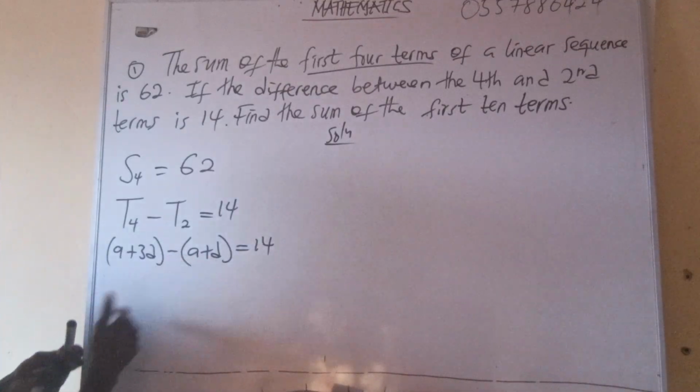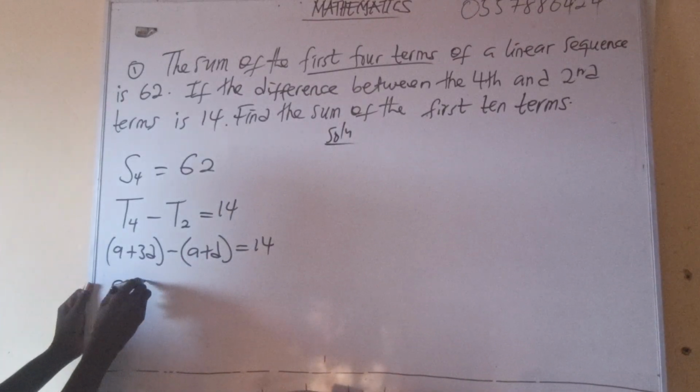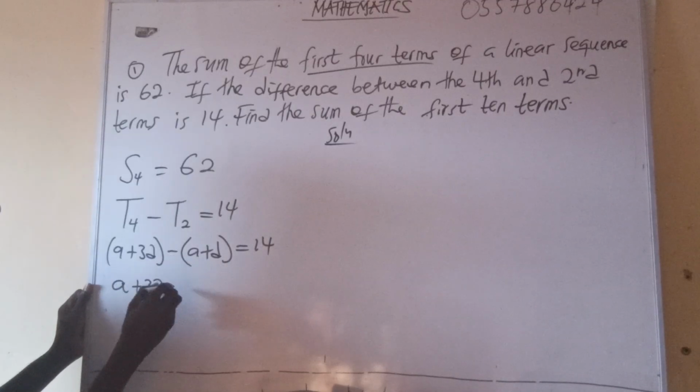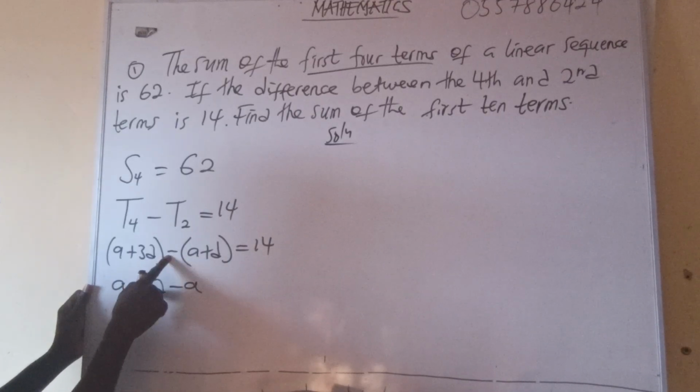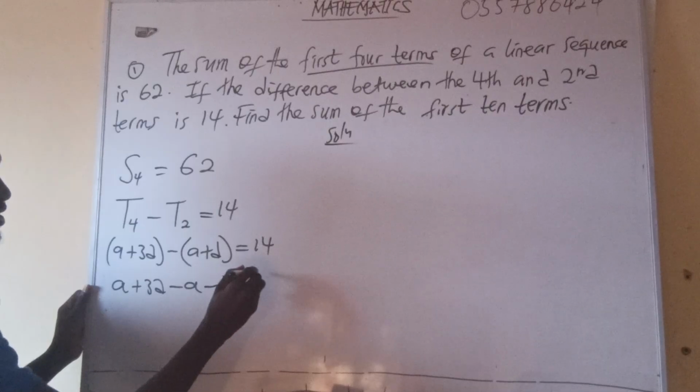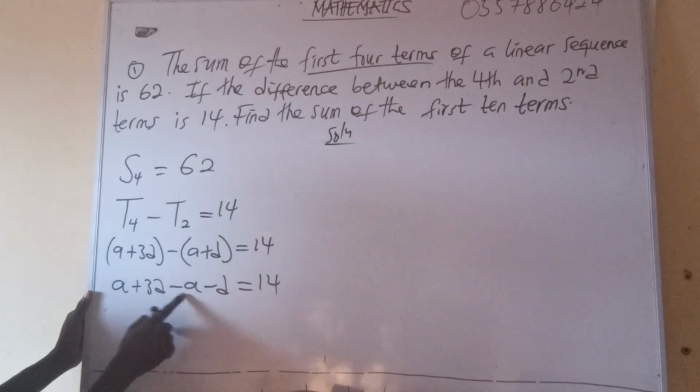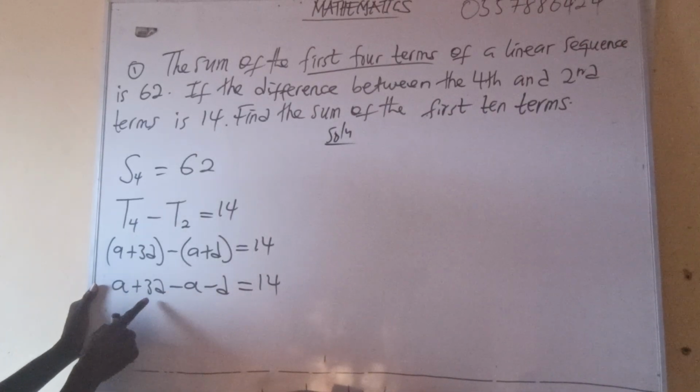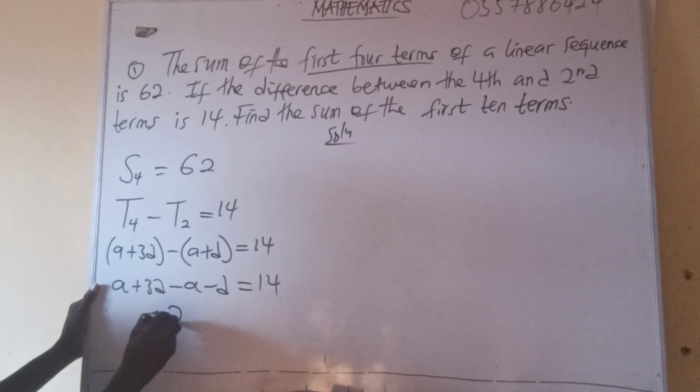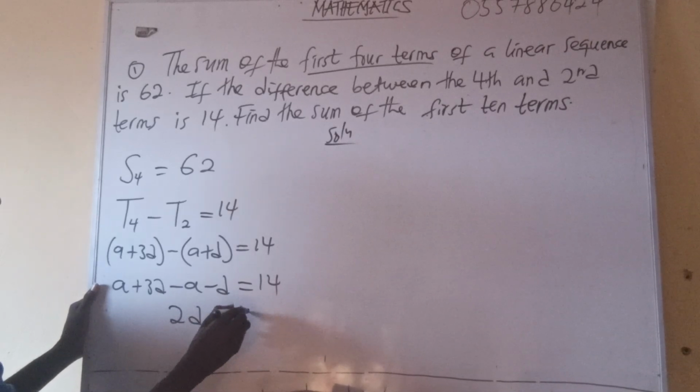Let me use the negative to expand the bracket. We have A plus 3D, negative times A gives negative A, negative times D gives negative D, equal to 14. A minus A goes to 0, and 3D minus D gives us 2D, equal to 14.